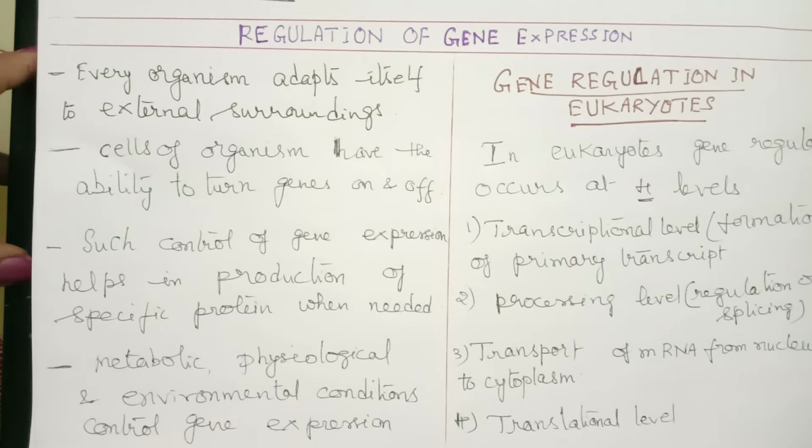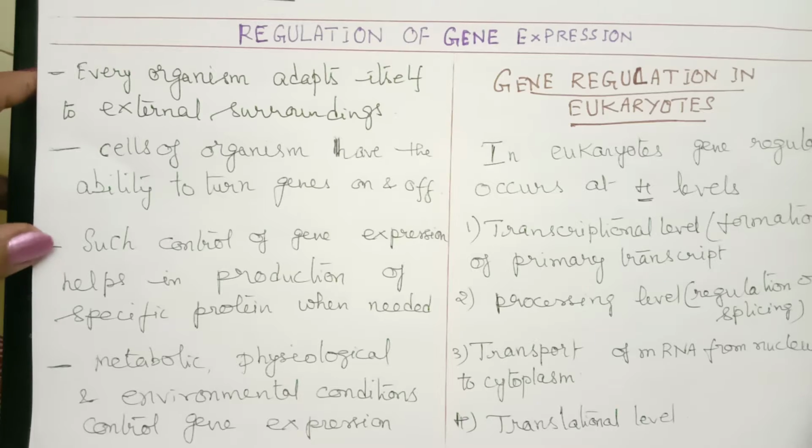This expression can be external or internal, both. So the character produced by a gene is called gene expression. Now this gene expression is also controlled. Regulation means controlled. All the genes are not functional all the time. Depending upon their requirement, a particular gene can be functional.